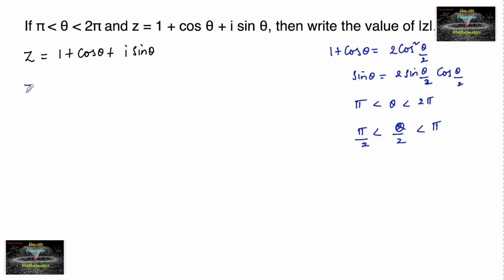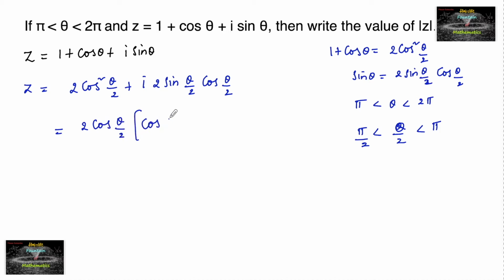So z is equal to, we can add, 1 plus cos theta is 2 cos square theta by 2 plus i sin theta is 2 sin theta by 2 cos theta by 2. So we can take out 2 cos theta by 2 common. So we have 2 cos theta by 2 times (cos theta by 2 plus i sin theta by 2). This is z.